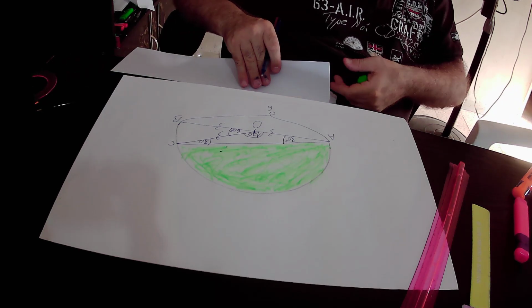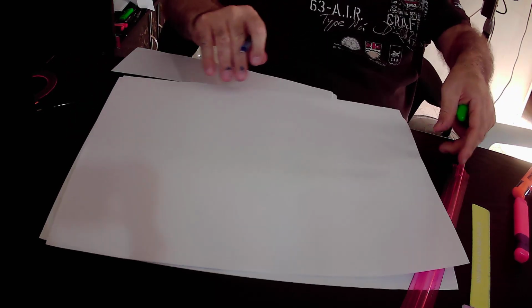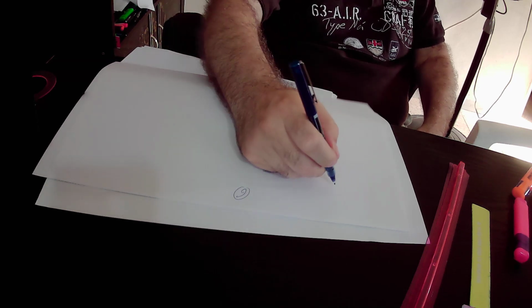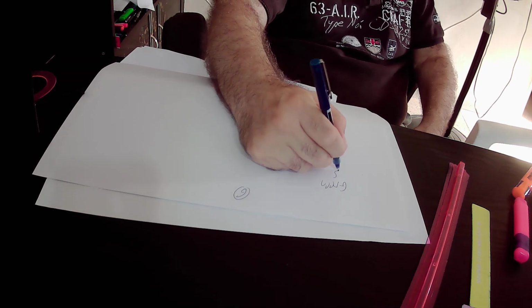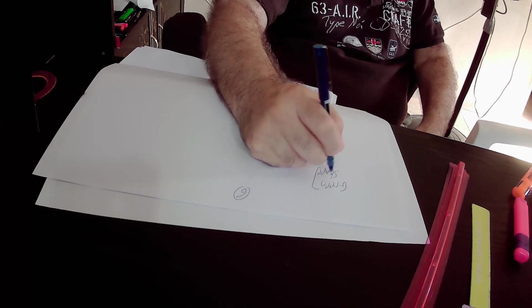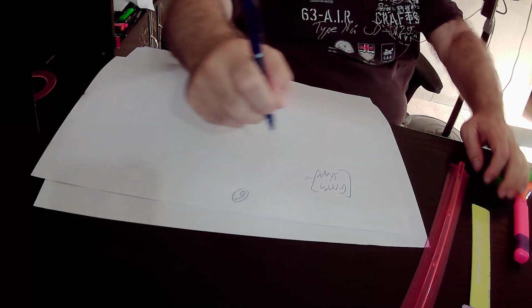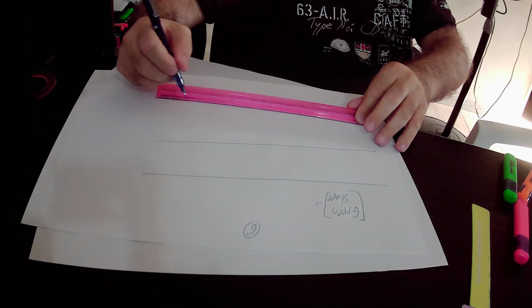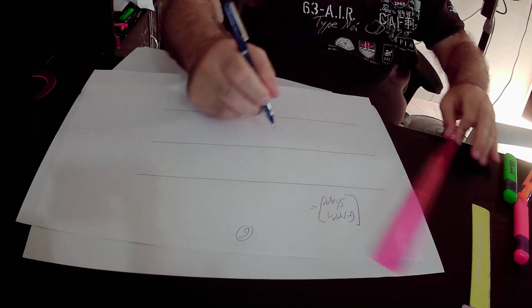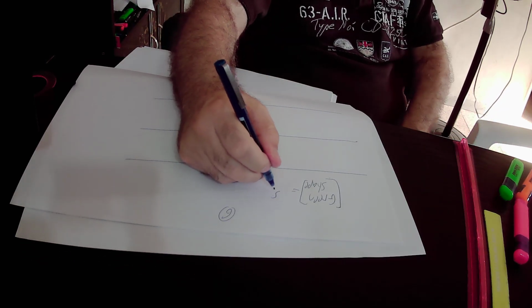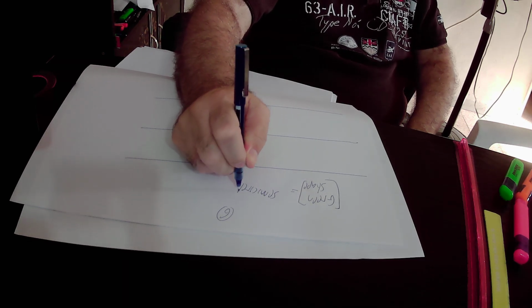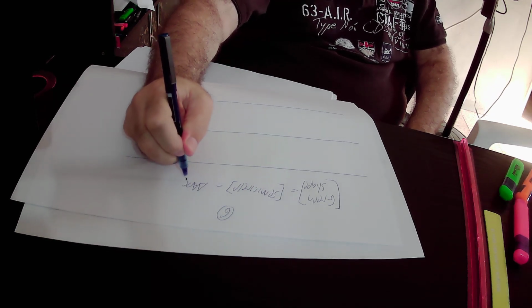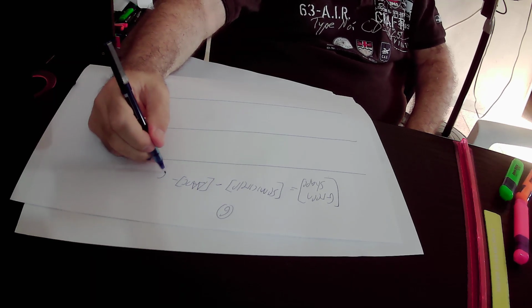The area of the green shape equals the area of the semicircle minus the area of triangle AOC minus the area of sector COB.